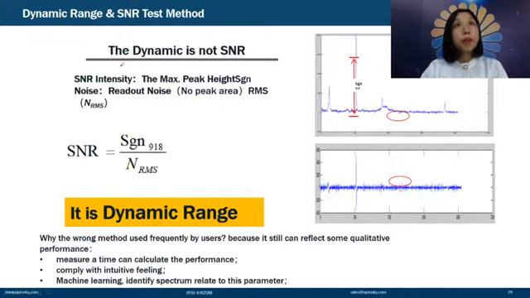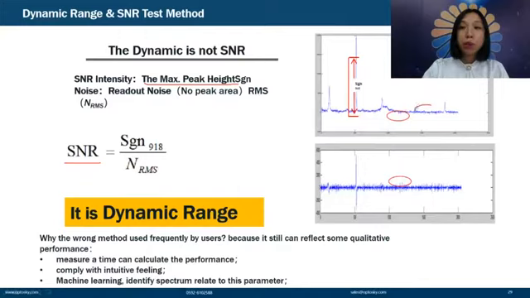After introducing the resolution, we have to mention dynamic range and signal to noise ratio, because many people mix these two parameters. Customers may say that signal to noise ratio equals the maximum peak height, for example 1 at 918 nanometers, divided by the noise readout, the noise RMS.